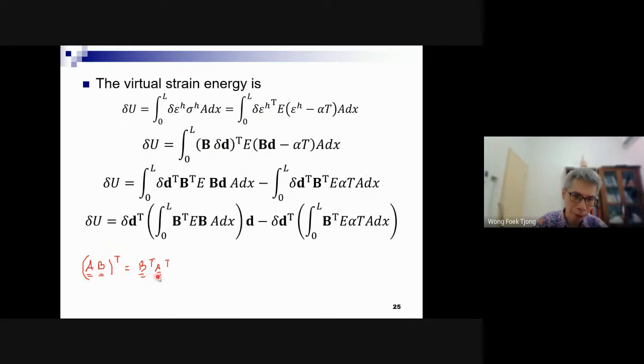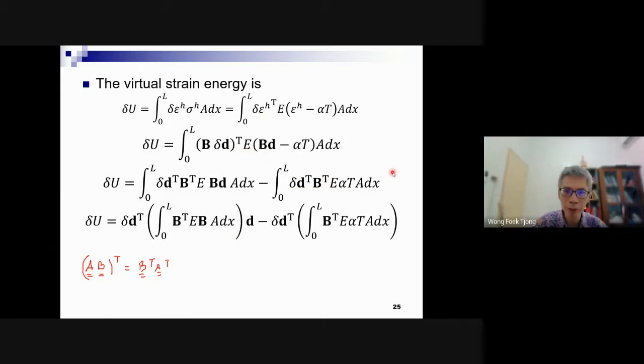So this is delta D transpose, B transpose, E, B D, A dx. I split the integration: this is the first term, and this is the second term.